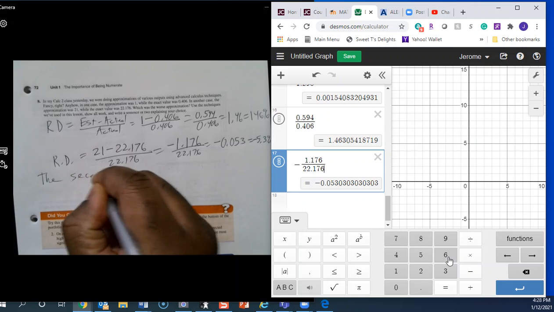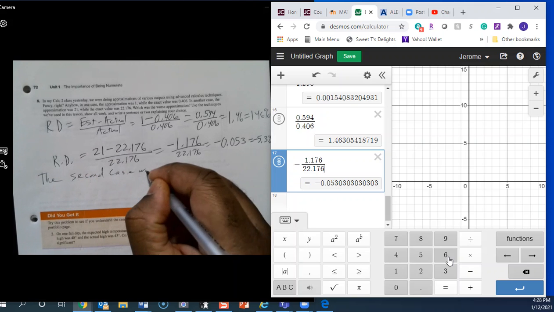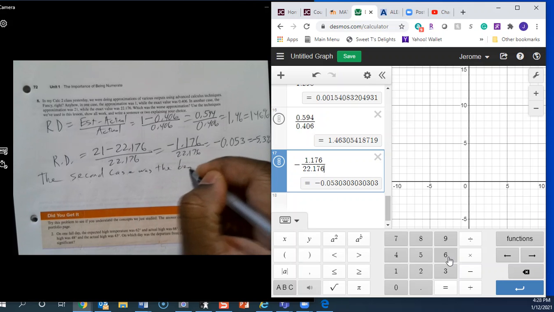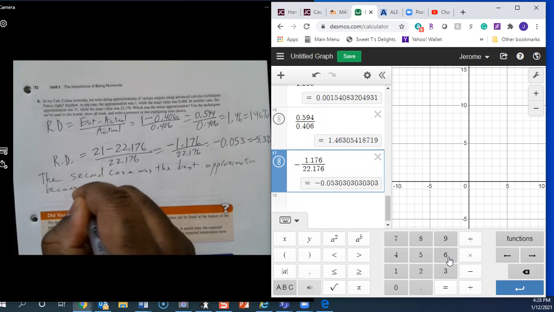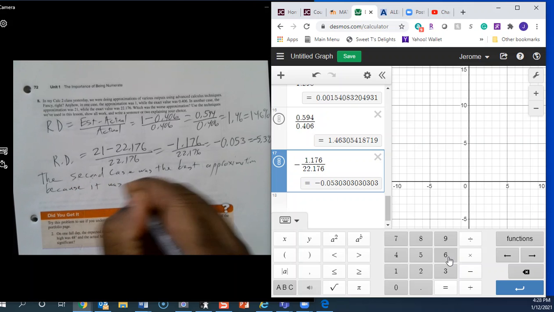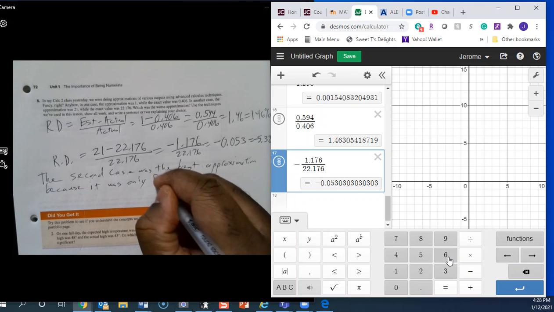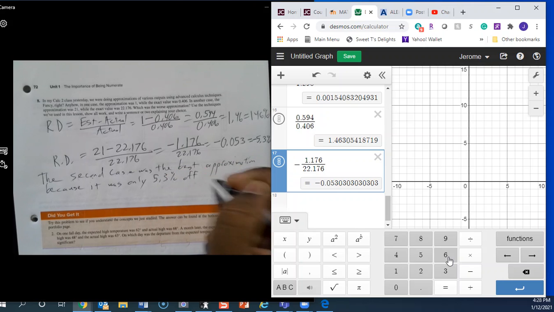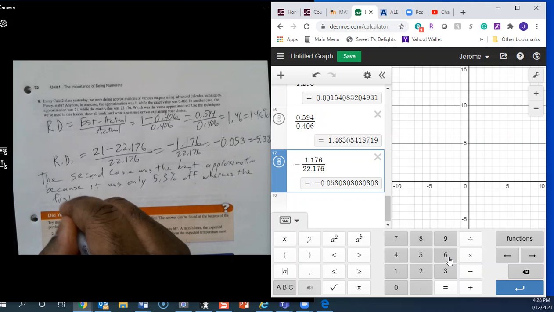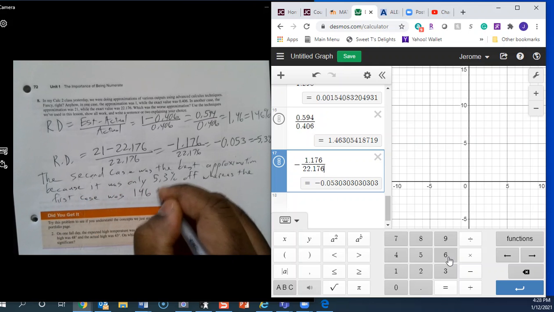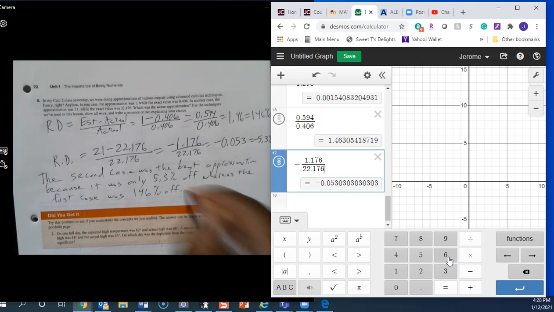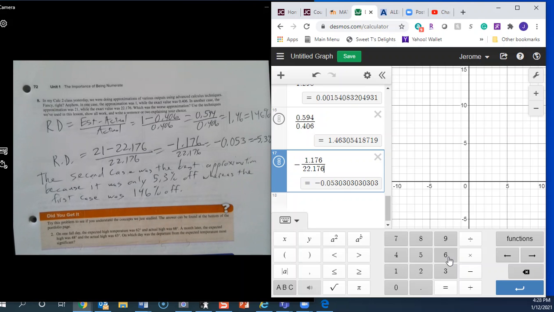The second case was the best approximation because it was only 5.3% off, whereas the first case was 146% off. That's a big difference.